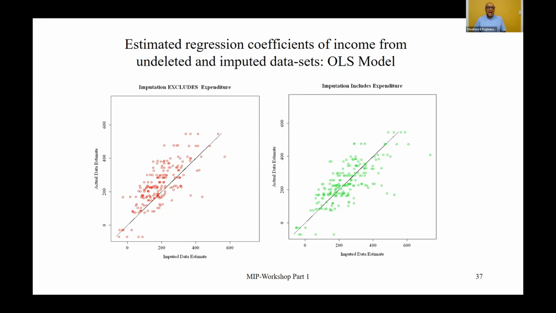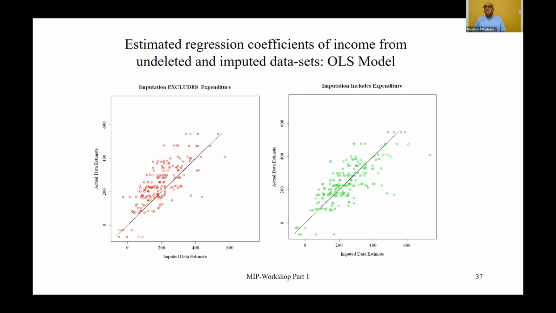Now you can see that actual data estimates are much larger than the imputed data estimates in the left-hand panel, which excludes the expenditure. Whereas the scatter is around the 45-degree line when you include the expenditure in the model.